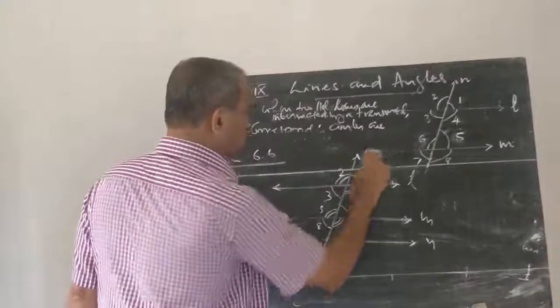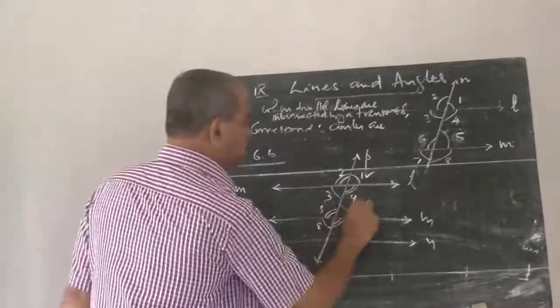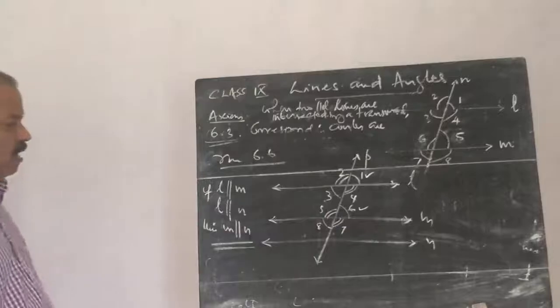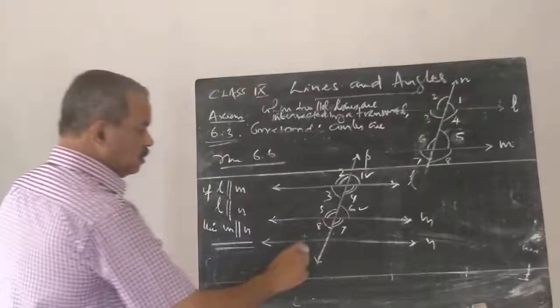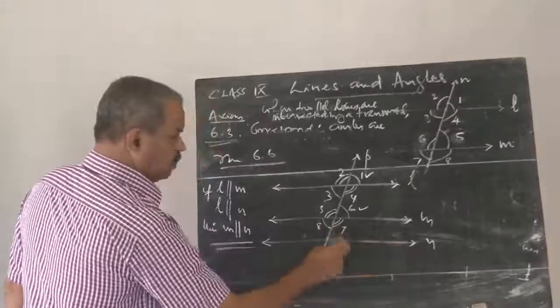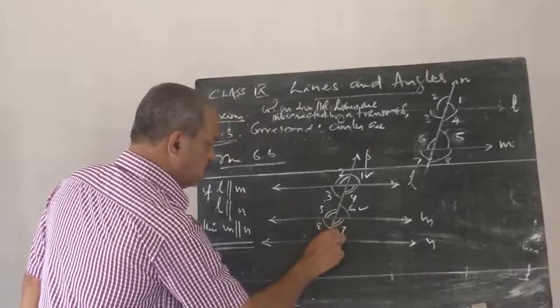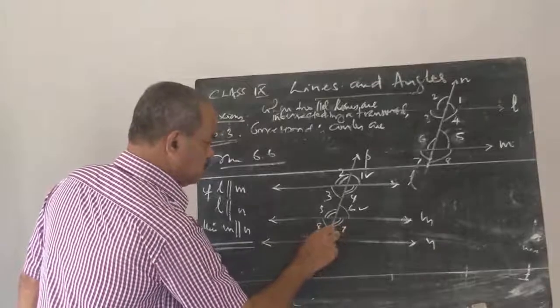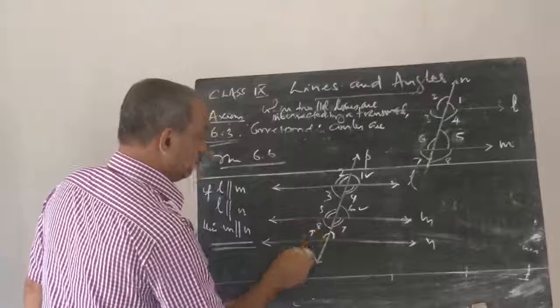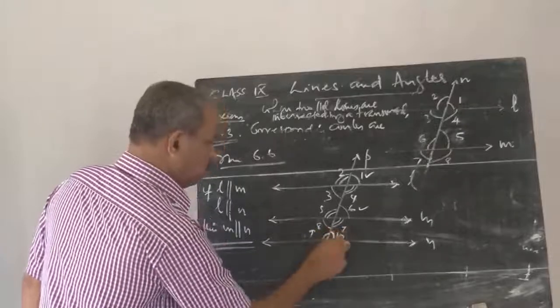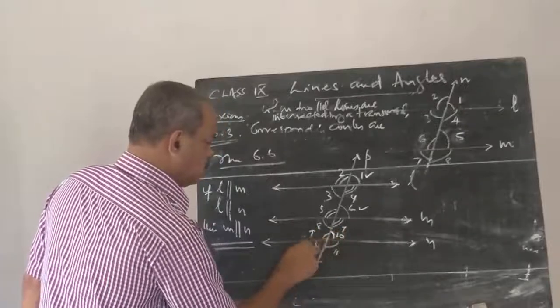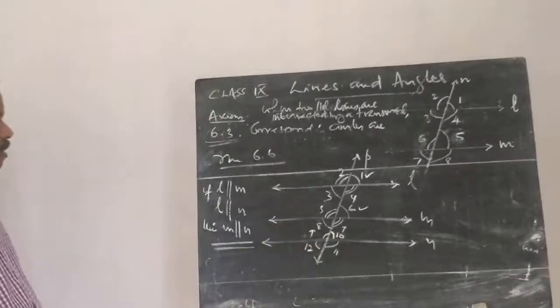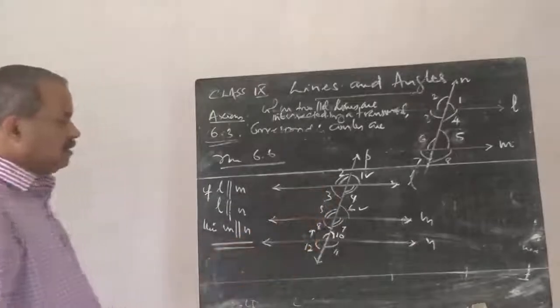With respect to N, we have angles 8, 9, 10, 11, 12. Now consider angle 1 and angle 6.